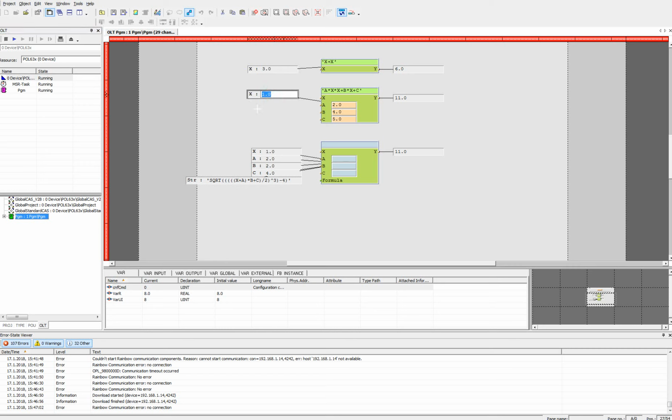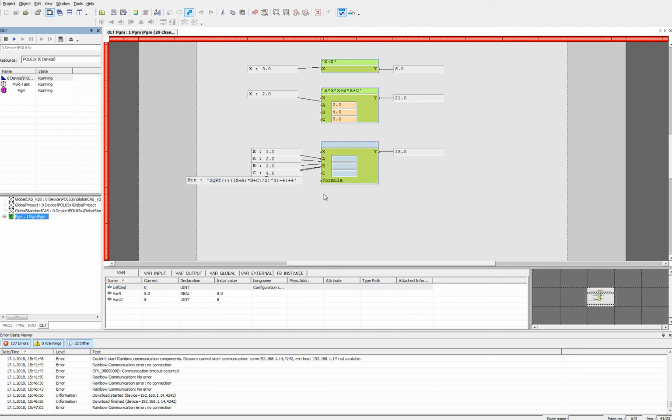If I change it to 2, we can see that it changes dynamically. And 11 plus 4 is 15. So we have a dynamic string for the formula, and we can define any polynomial function for converters of analog inputs or whatever we would like to do dynamically.